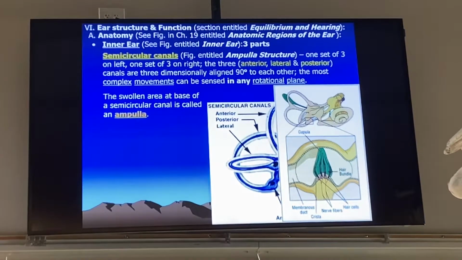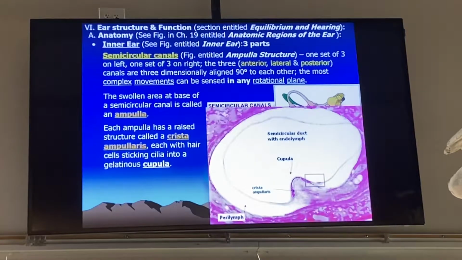All right, at the base of each semicircular canal, there's an ampulla, so on each side there are 3 ampullae. Inside of that swollen area is a structure we call the crista ampullaris. And on the crista ampullaris are the hair cells. The cilia of these hair cells are embedded in a jelly-like sail called the cupula.